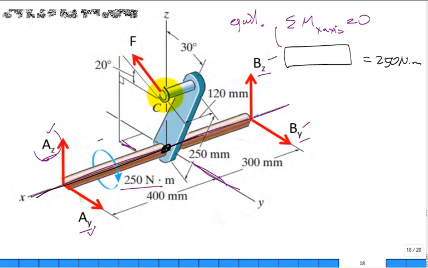At this point right here, if I decomposed it into a component that went directly through that axis, and then another component that was perpendicular to that axis, let me try and draw this a little better. It's going to be perpendicular like this, right? Because of the 30-degree slope of that arm.